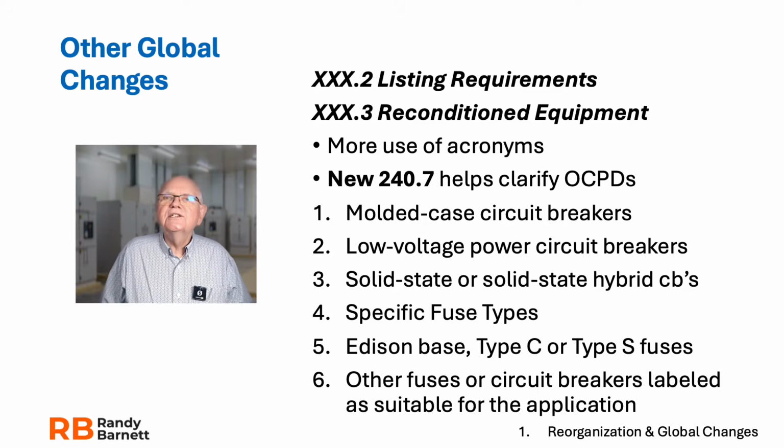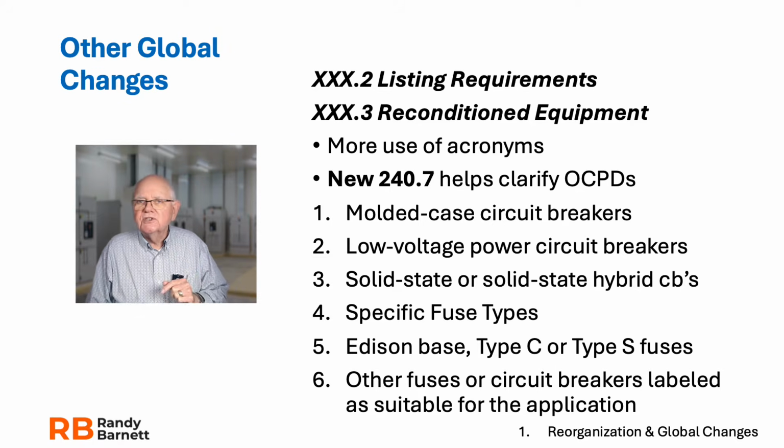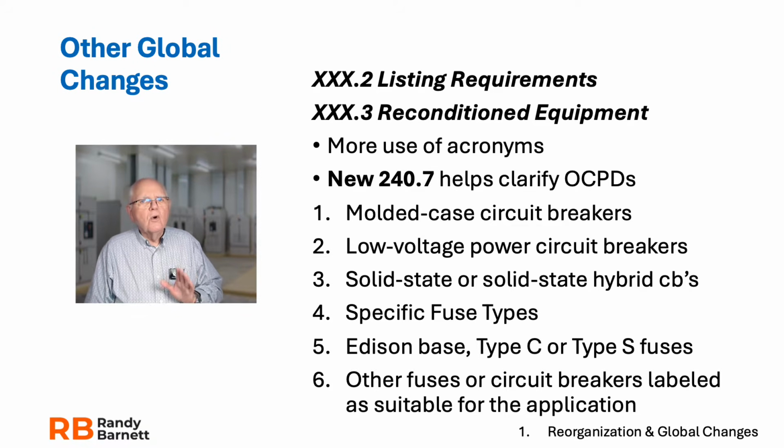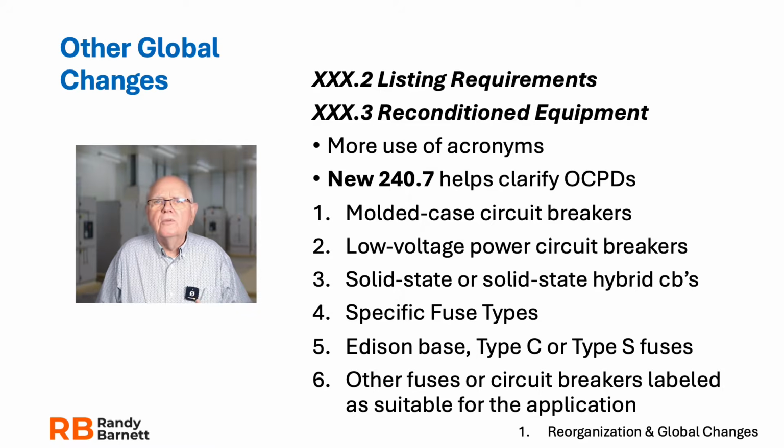Do pay attention to those two. There have been changes. Some things are required to be listed now that were not previously. Reconditioned equipment is more specific in some articles than it was previously as well. We're also seeing more use of acronyms in the code book. You know, OCPDs and so on, and SPGFCIs and all that.